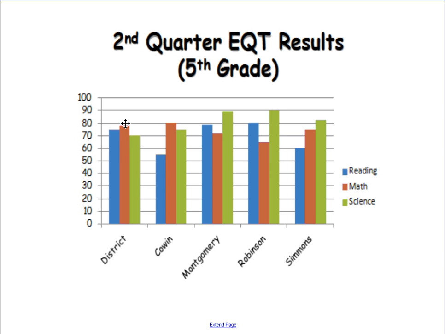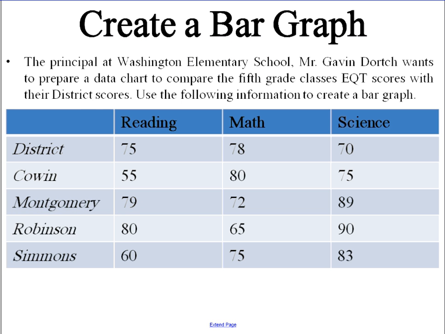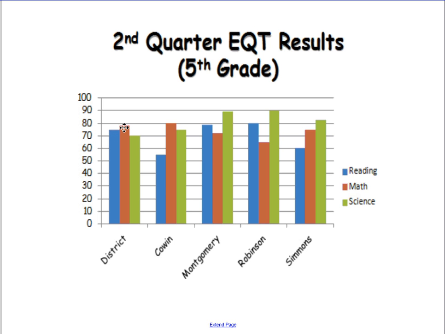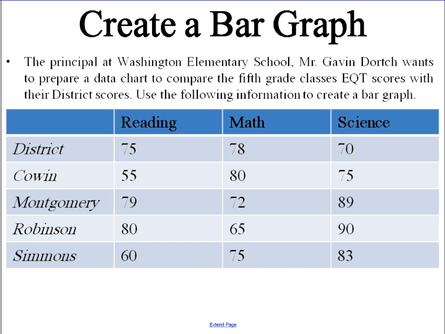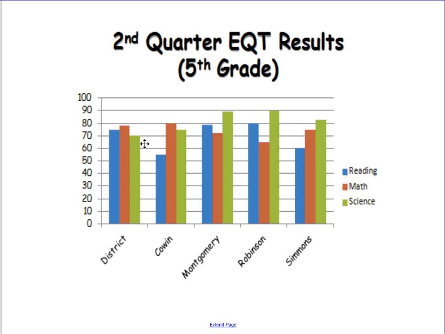The district average for math was 78, so that's a little bit above 75, not quite to 80. And then the district average for science was 70, which is shown here.